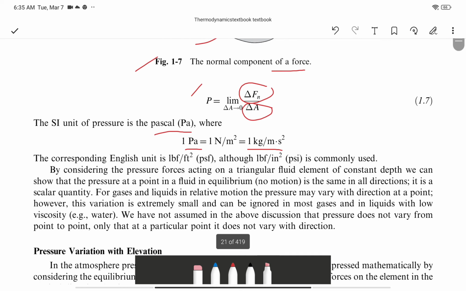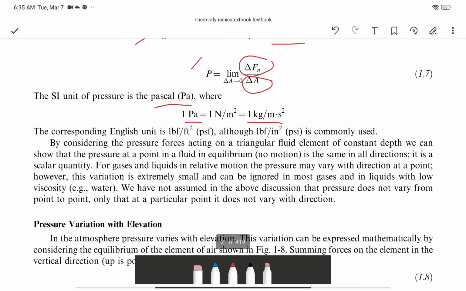Okay, so the corresponding English unit is pound force per square feet, or PSF, pound square feet. Although of course common, we have already have a video of this, is pound force per square inch or PSI. It could be PSF, it could be PSI, but most common of course is PSI. It is commonly used.